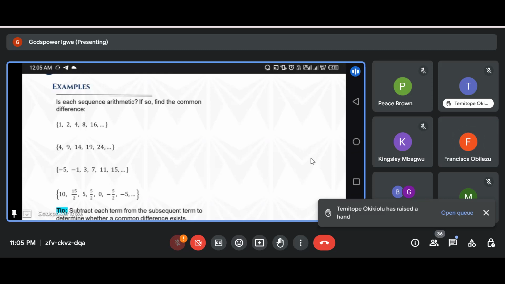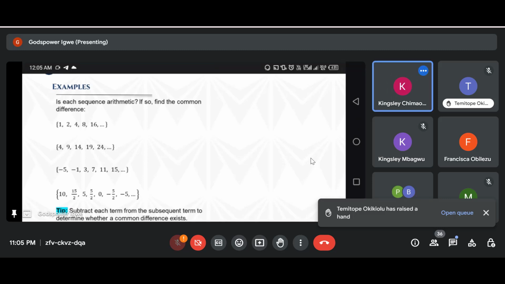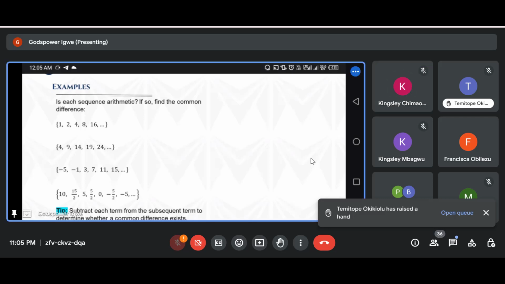Then this one: 10, 15 over 2, and so on. 15 over 2 is 7.5. So what are they adding to this now?